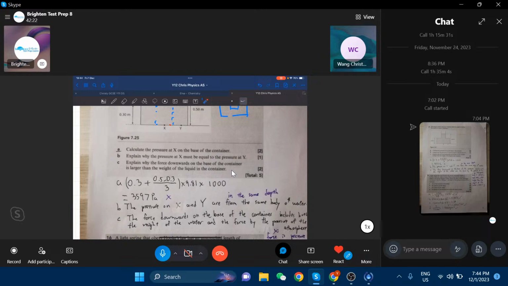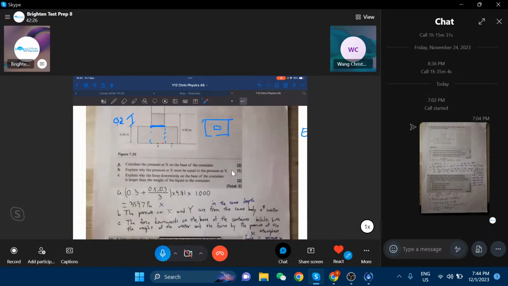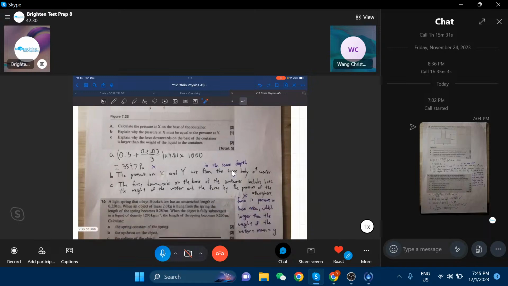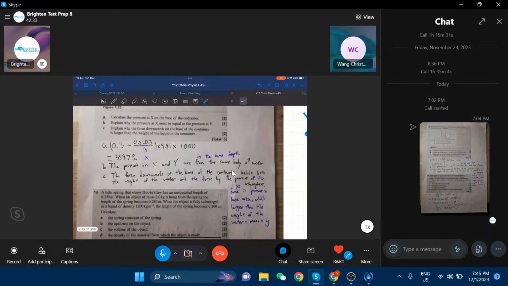So then they say that the force due to the pressure is greater than the force due to the weight, because the pressure is the 0.5 height times the density and g, while the weight is the volume times the density and g.